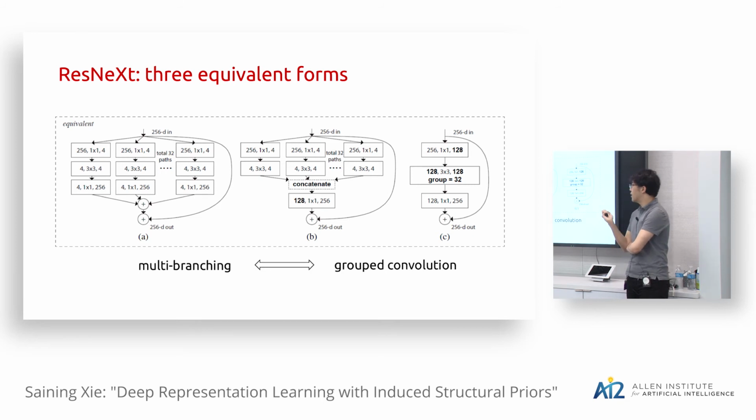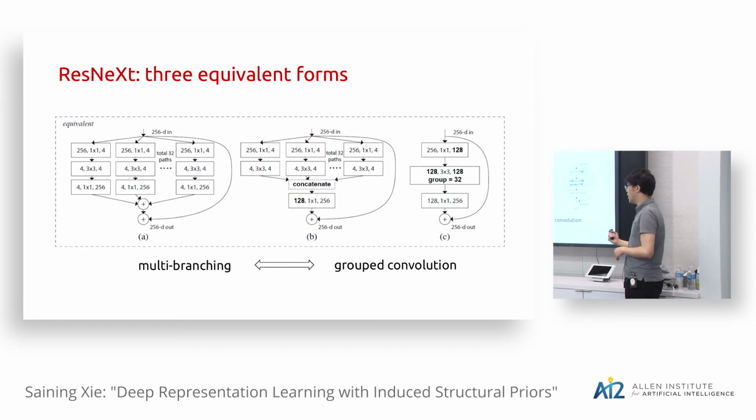But one interesting thing is that you can find that this kind of multi-branching can be summarized into a really succinct form like B and C. For A to B, what you can do is concatenate the output and have a wider network at the final layer, and this is totally equivalent to the previous multi-branch system.